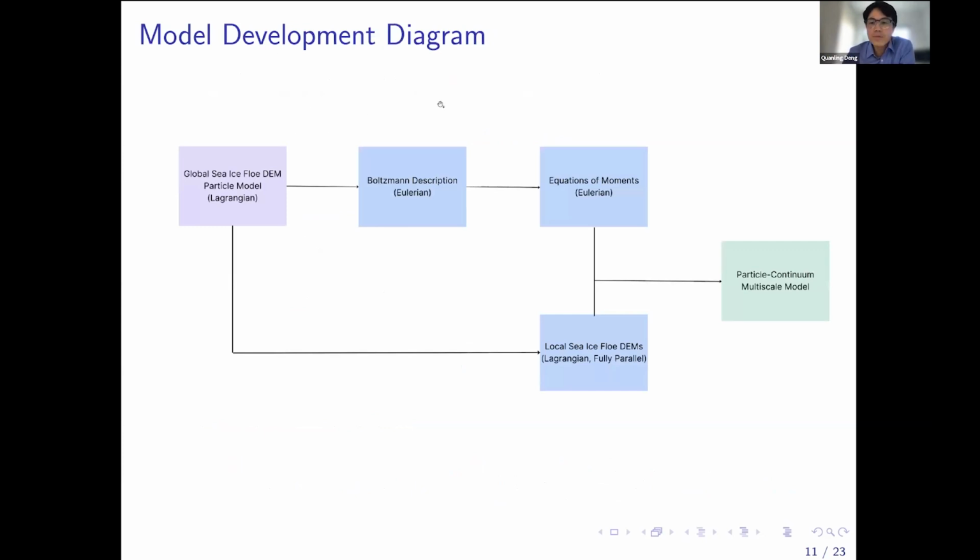So for the model development, this is a diagram where we start with, again, the CIS particle model, a large number of model particles, flows, and then look into the Boltzmann description, Eulerian grid, continuum model, so equation of moments, and then the local models, which is the fine scale, fully parallel, using this DEM model, and then we couple them.